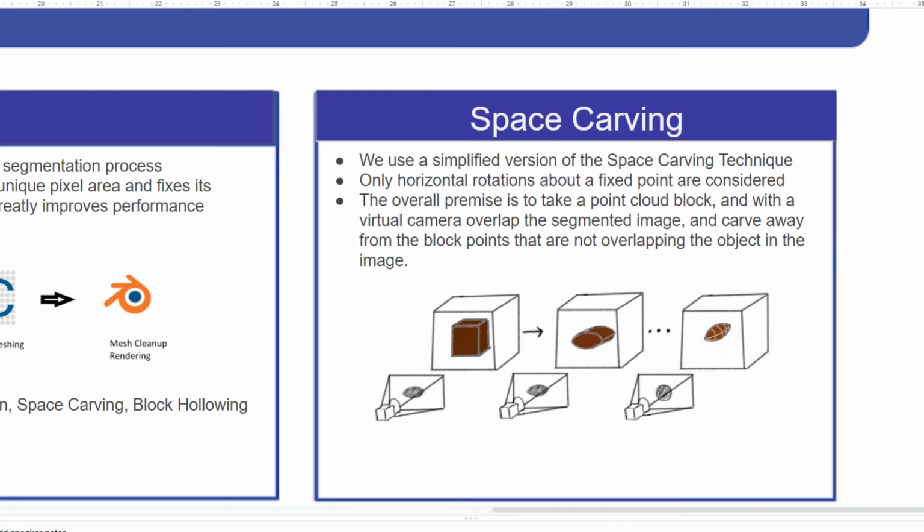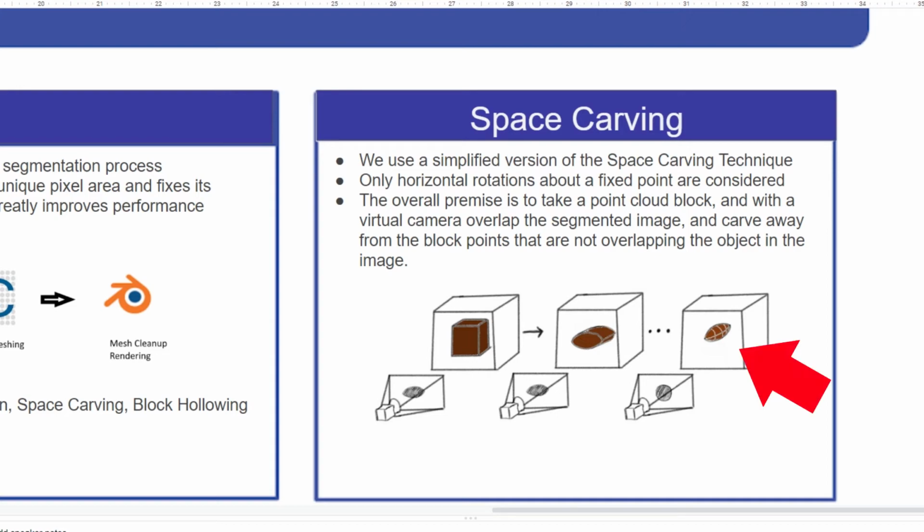Where the background is, we carve away the points in the point cloud. You can see that in the middle part right here, where you have this weird cylindrical object, but if you looked at it head on, from where the camera is seeing it, it would look like a football. So we just keep rotating both the object and the virtual camera until we converge onto the object.